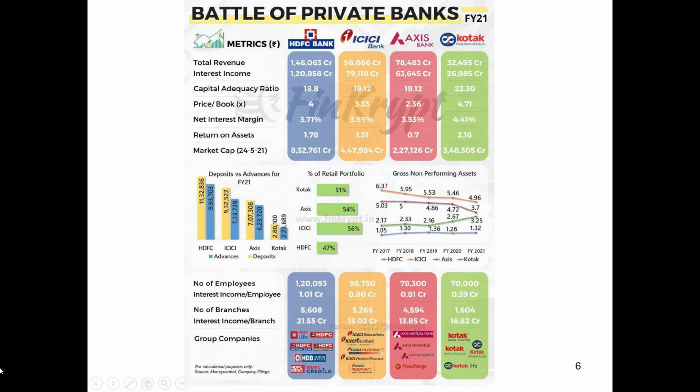So within these 4 banks, if I am aware of this data in one shot, I can select which bank I should use for keeping my money, or for taking a loan, or which one I can rely on. So this one diagram explains so many things.